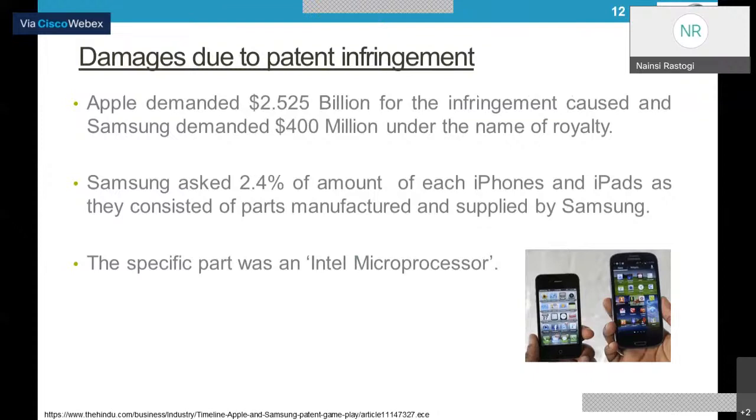Then further, Samsung asked 2.4% of the amount of each iPhone and iPad, as they contained parts manufactured and supplied by Samsung, because Samsung was the spare part manufacturer for the iPhone and iPad devices. The specific part was the microprocessor basically.